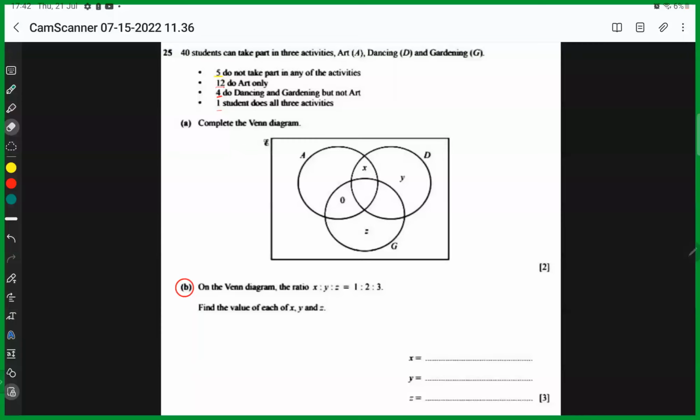Okay, the first part was basically done and this turned out to be 12. This was 1, this was 4, and this is 5. Okay, let's talk about the second part.